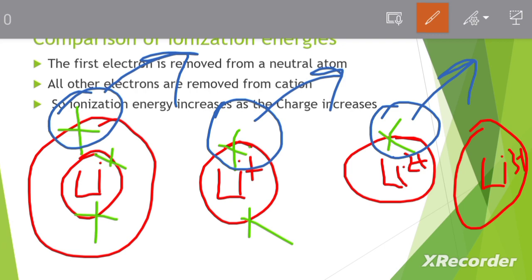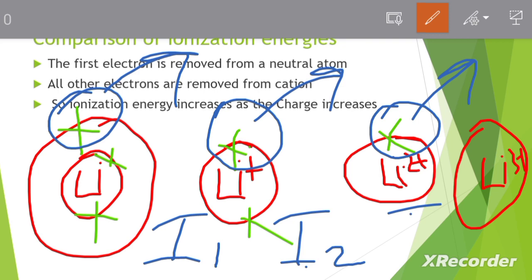When the attraction increases, it is harder to remove electrons. So the third ionization energy is the highest, and the first ionization energy is the lowest.